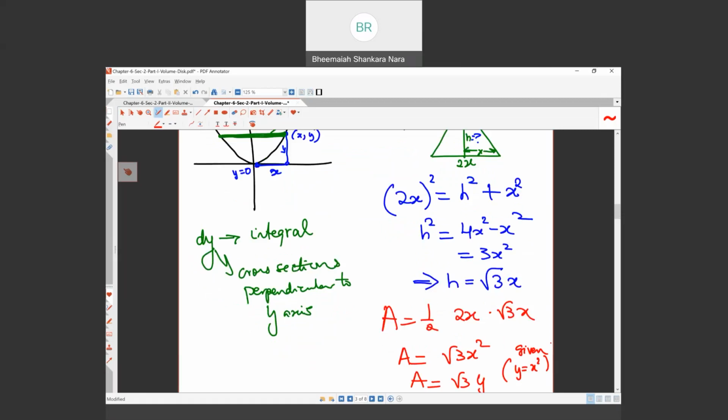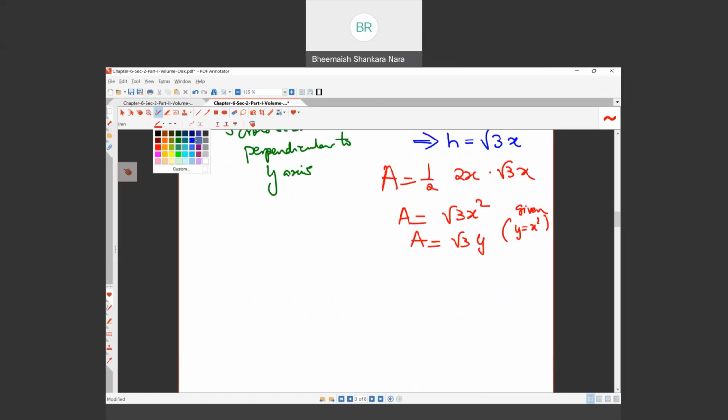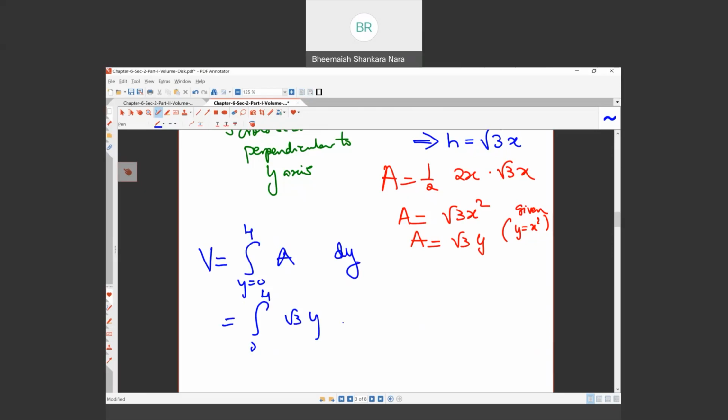As soon as we have the area formula in the simplified expression, we are good to plug into this volume expression, y equal to 0 to 4, because you're going to integrate with dy limits and you take the y values. A dy, A is the area. So this is 0 to 4 square root 3y dy, and this is square root 3, and you have y squared divided by 2 from 0 to 4.